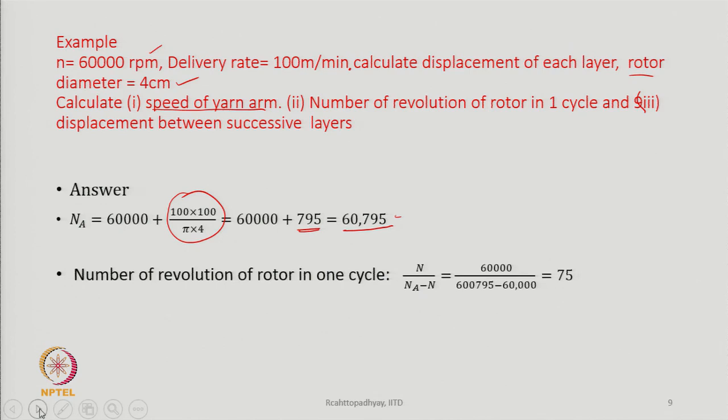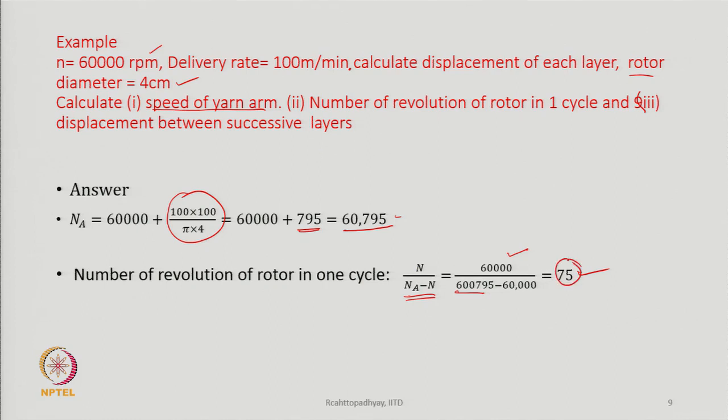Then for the number of revolutions of the rotor in one cycle, we straightaway take this formula and substitute the values. We already know the speed of the rotor n and the speed of the yarn arm. So, you can find out that in just 75 revolutions of the rotor, the entire original fibre ring will be removed.